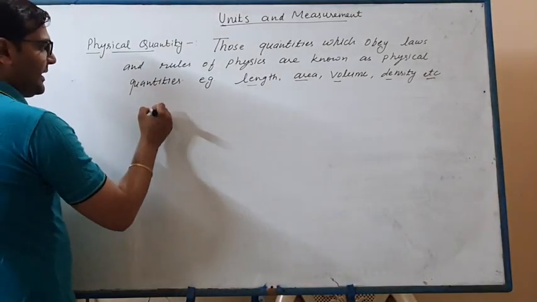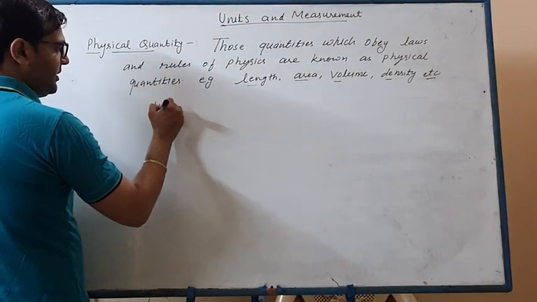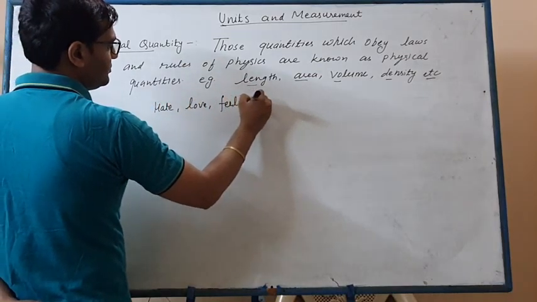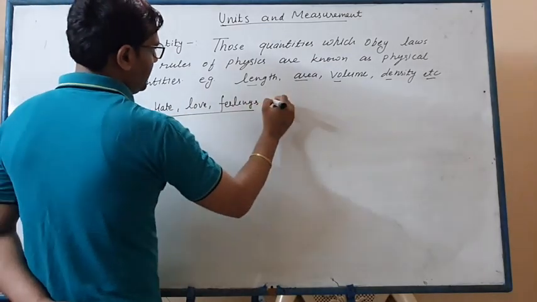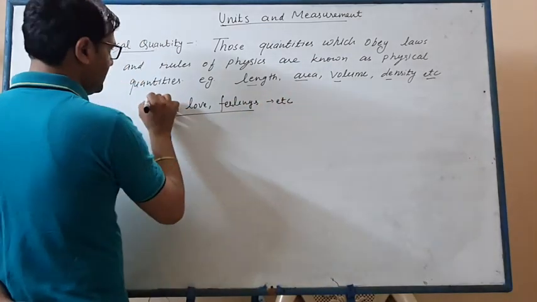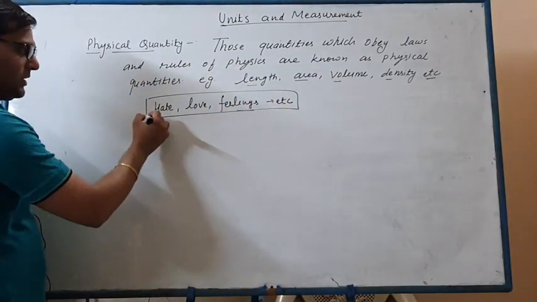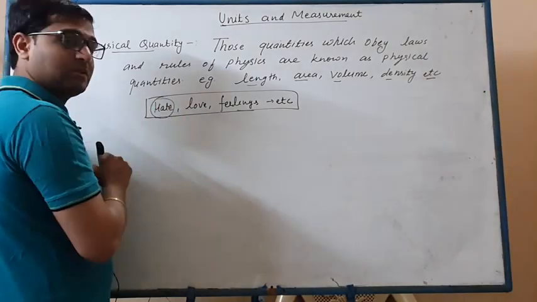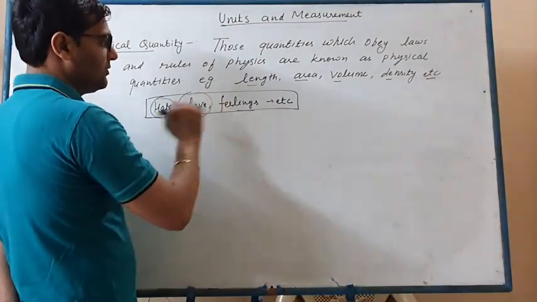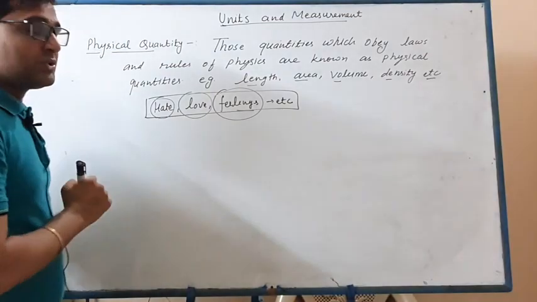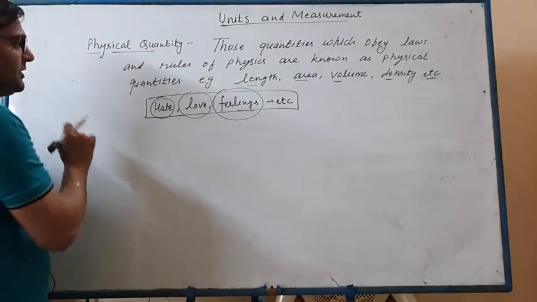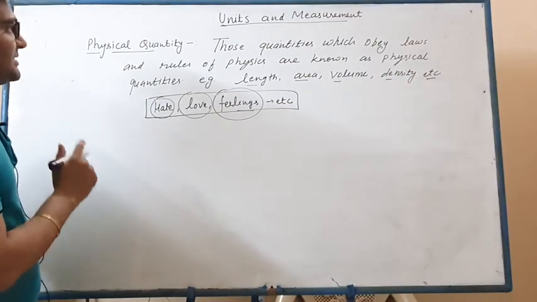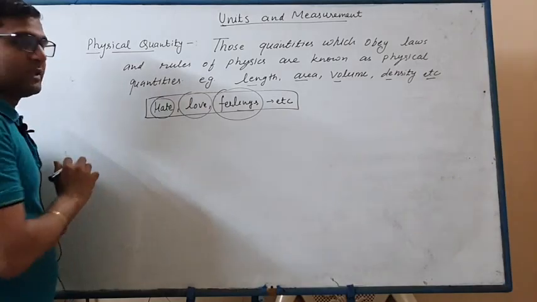For another example, we have hate, love, feelings, etc. These are quantities as well, but these are not physical quantities, because we can't measure hate, we can't measure love, we can't measure feelings. So anything that can be measured accurately and according to physics is a physical quantity.